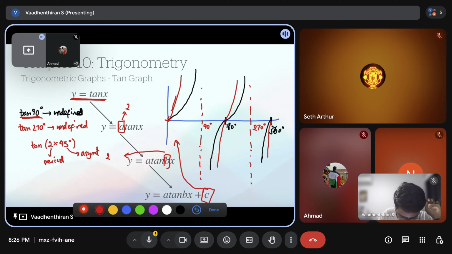So if it's starting at 0 and this C is +1, it will start at 1 and then move. Because of the transition up and down, this C will also make the graph go up and down. Okay, got it?